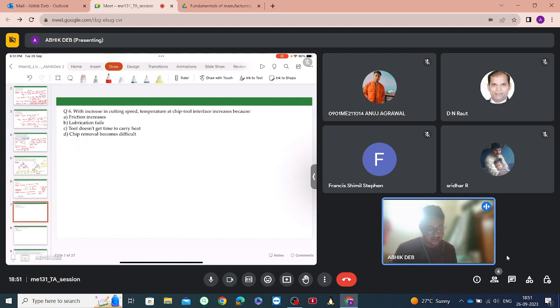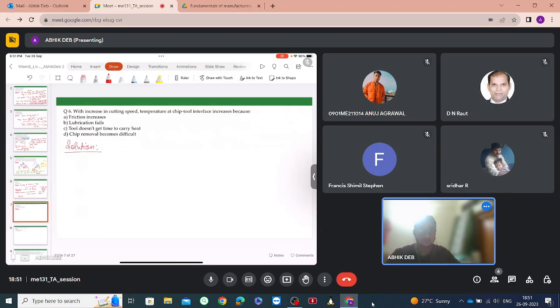With increase in the cutting speed, the temperature at the chip tool interface increases because friction increases, the lubrication fails, tool does not get time to carry the heat, or chip removal becomes difficult. Can you give me the answer? Can anybody please give me the answer? Any idea?